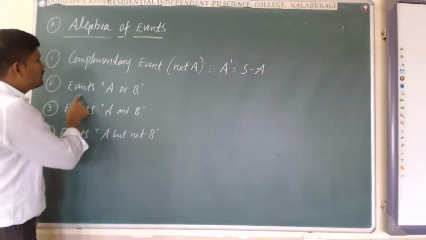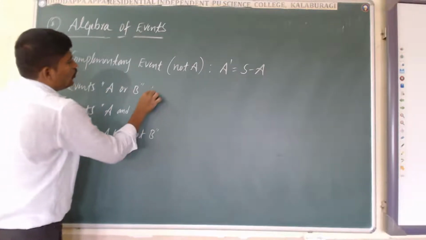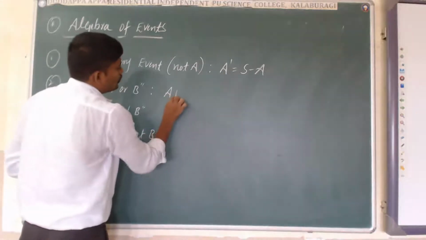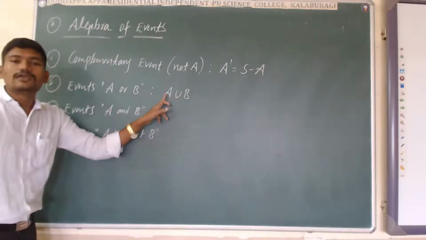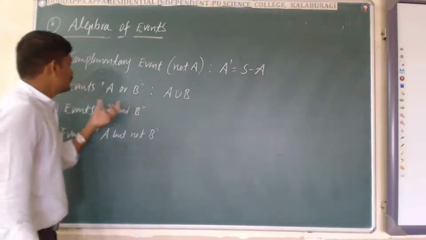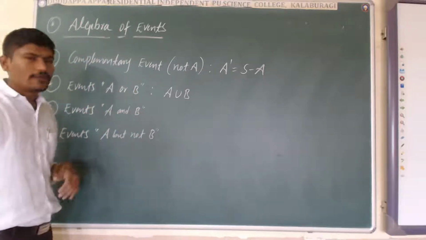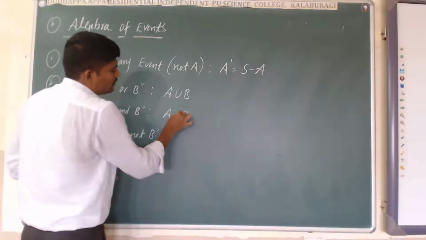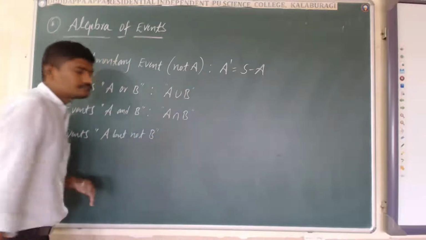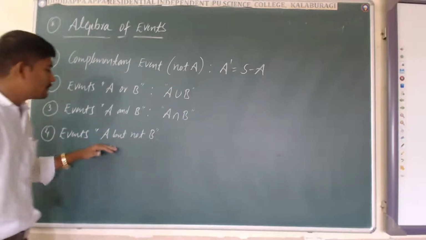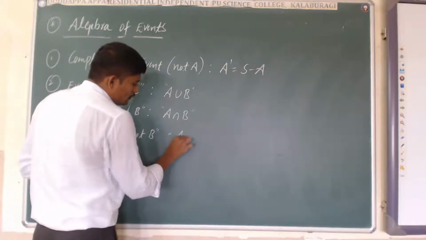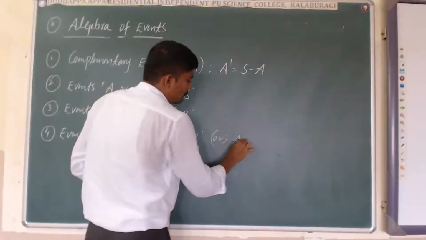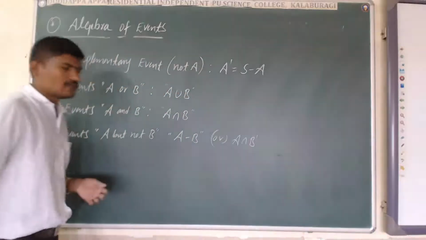The next one is events A or B. Events A or B means we must always write A union B, the event of A union B. So this one we call A or B. Events A and B is nothing but A intersection B. And the last one is events A but not B. A but not B means A minus B, or otherwise we can write A intersection B dash.